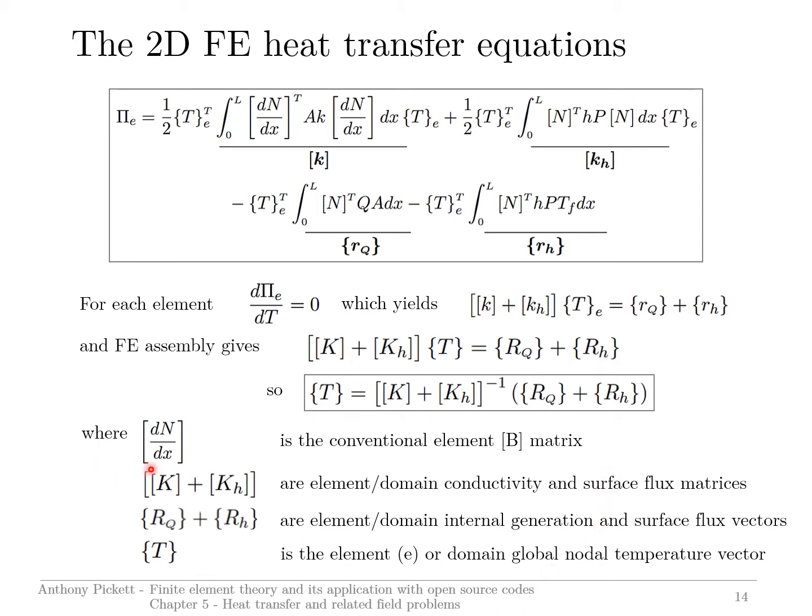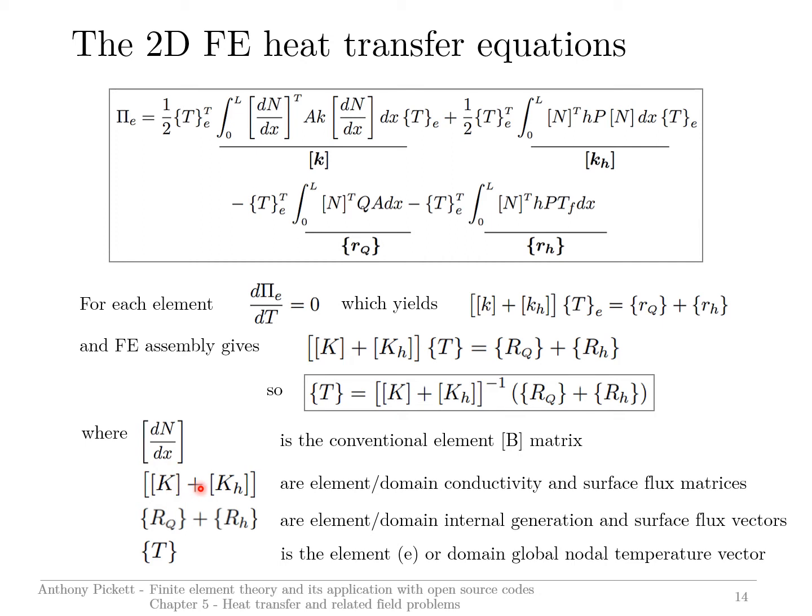As I mentioned, the dN/dx is our standard B matrix. So an important point here is all of these elements that we've derived in the video concerning chapter 2 are valid for these types of analyses. This B matrix is simply dependent upon geometry. It is not a function of what type of analysis we're undertaking.